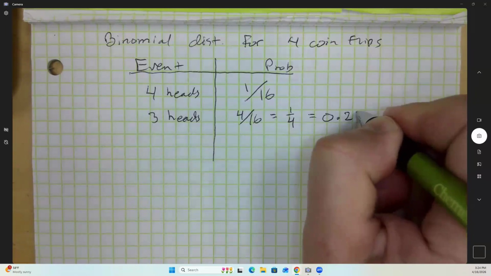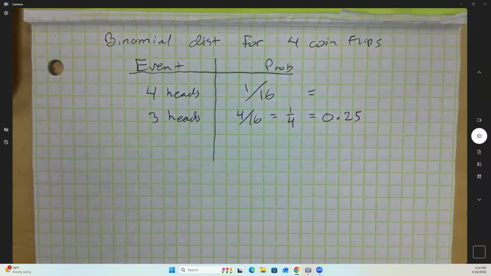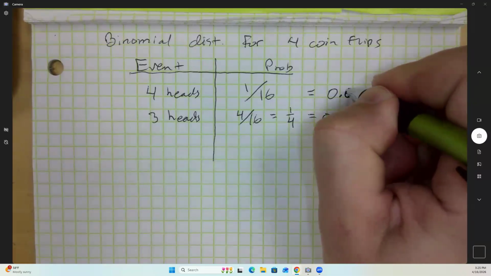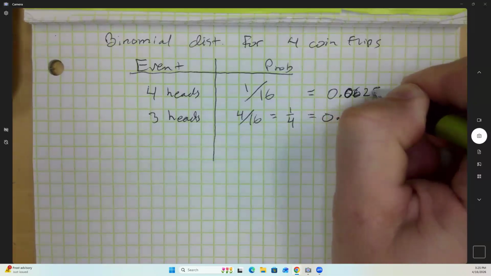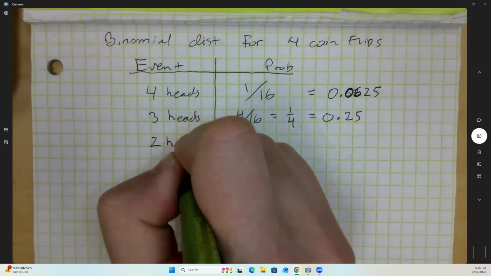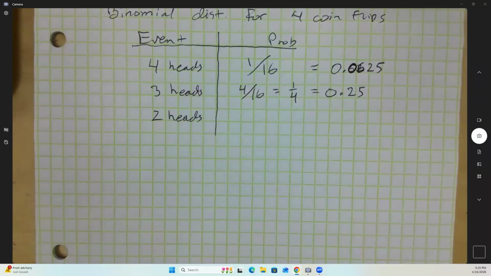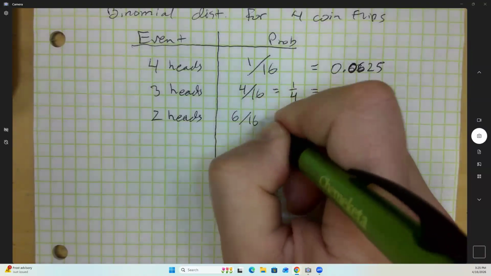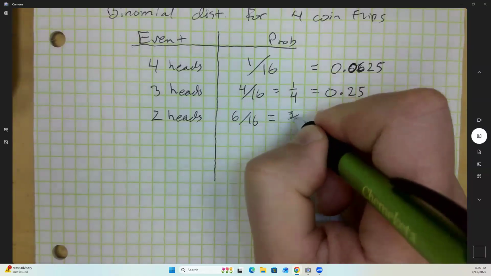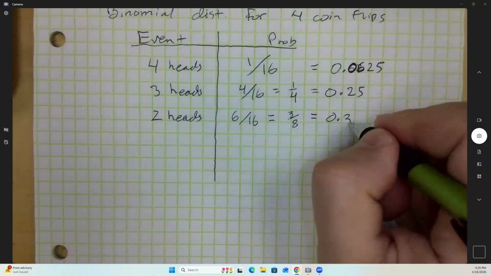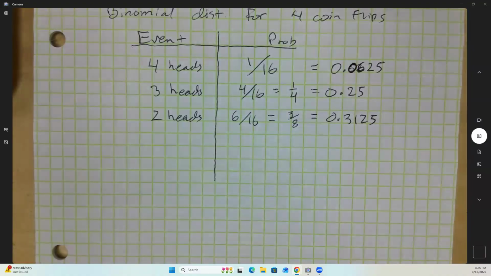I'll go ahead and put the decimals as well, if I can do that math in my head, 0.0625. Or I could have gotten 2 heads. That was the event I probably see most often. And that had 6 ways. So 3/8, which is 0.3125.